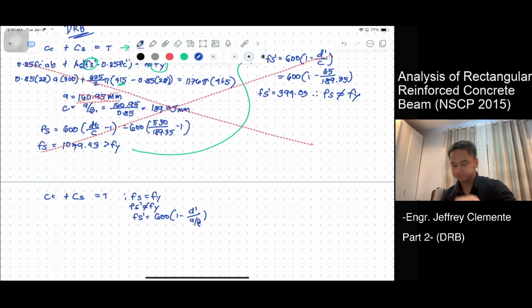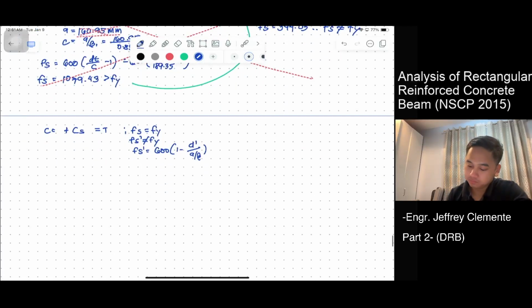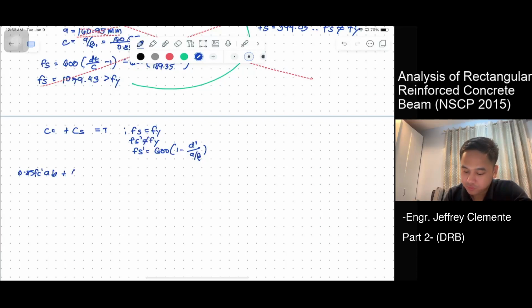So, let's solve it. 0.85 FC prime, ang A natin dyan is A, ang B, yan, lagyan natin, plus AS prime multiply by FC prime.